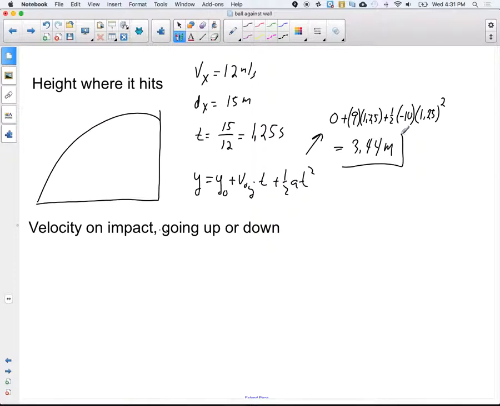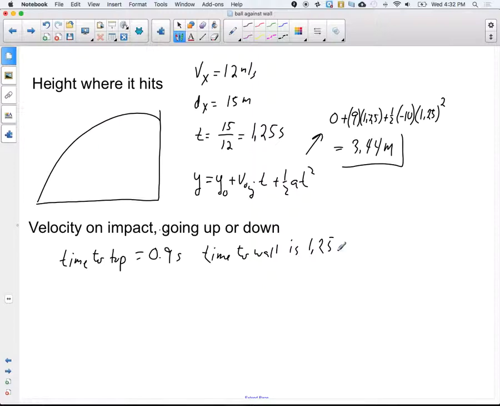So that's how high. Now the question is, on impact, is it going up or going down? Well, one thing you remember is that the time to top was equal to 0.9 seconds. The time to the wall is 1.25 seconds. So therefore, it must be on its way down.